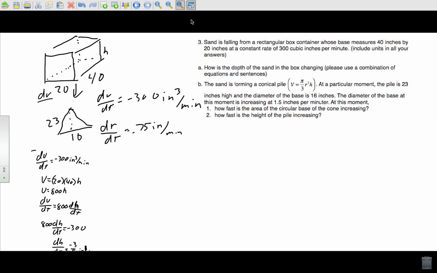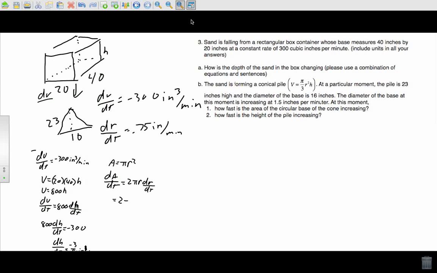So let's move on to the second part. And the second part actually has two parts in it. It says, how fast is the area of the circle of the cone increasing? Well, you know that area is equal to pi r squared. So the change in area with respect to time is going to be 2 pi r dr/dt.